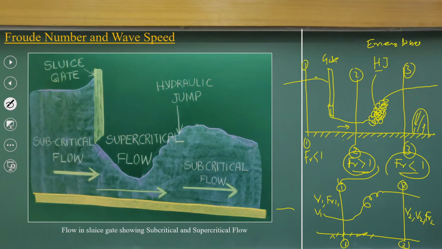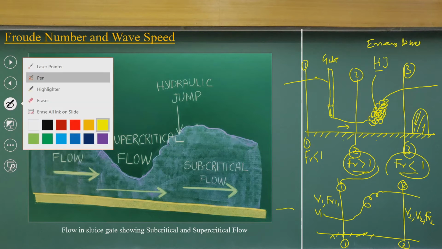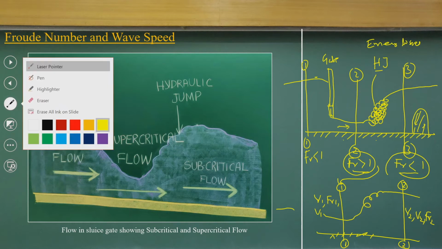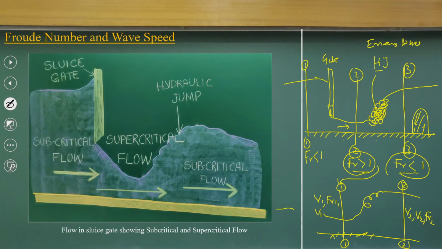This is the same concept I have sketched, which is the figure here. Now, if you look at the problem, we can look at how things are happening at this point.